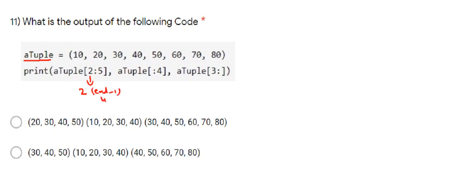So 2 to 4. This is the indexing: this is the first, the second, the third, the fourth, the fifth, the sixth, the seventh. So what is the output for 2:5? 2 to 4, so this is 2, 3, 4. That means the output for the first one is 30, 40, 50 will be displayed.